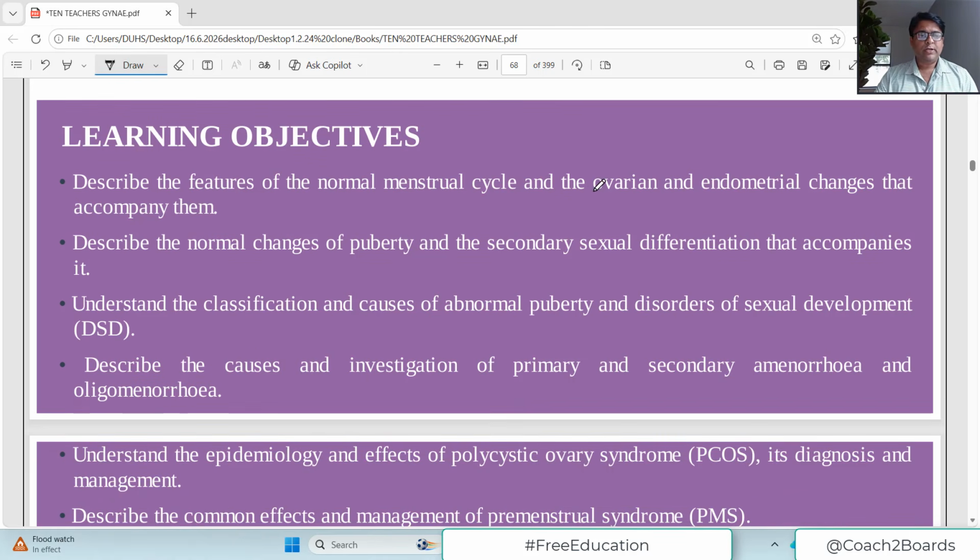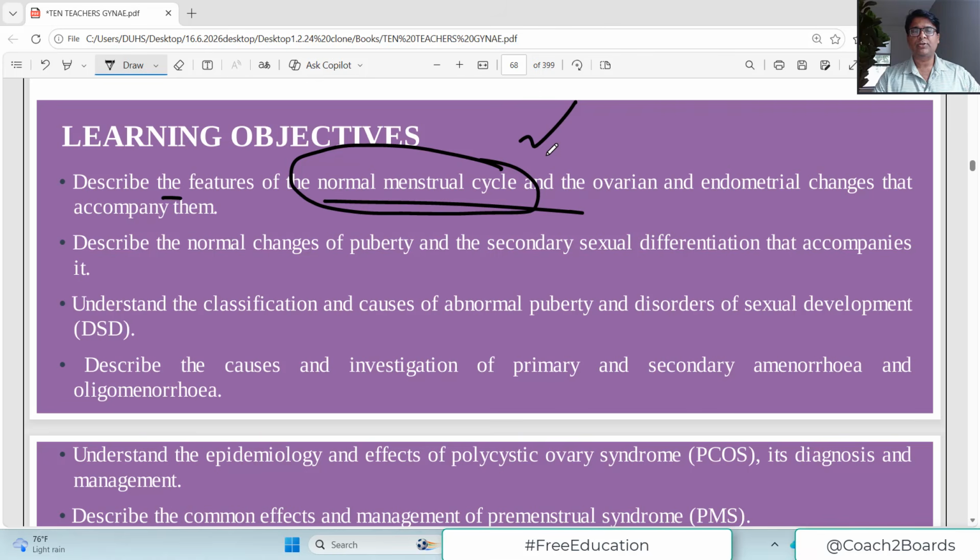So the learning objectives of the chapter include to describe features of the normal menstrual cycle. इस पे ज़्यादातर हमारा discussion रहेगा कि what are the different phases and what are the appropriate hormonal control for different stages of menstrual cycle. और उस menstrual cycle के दौरान what are the changes which are happening in the ovary and what are the concomitant changes which are also happening in the endometrium.